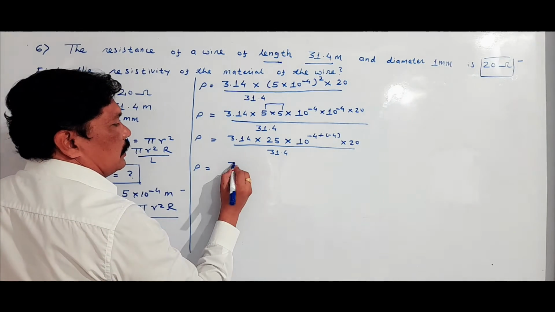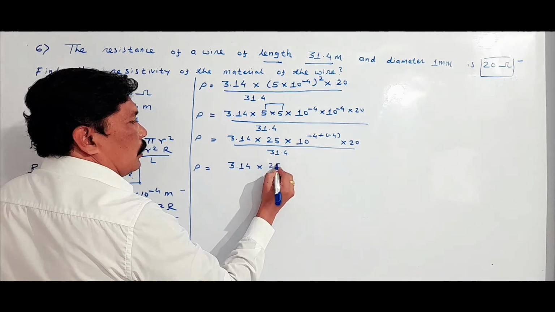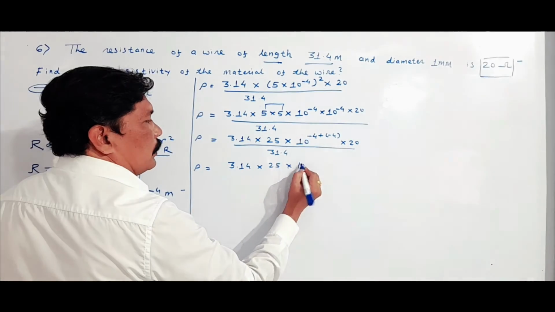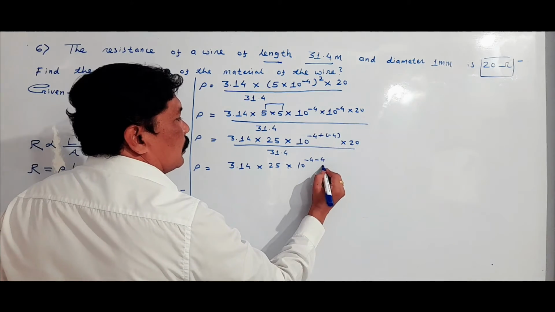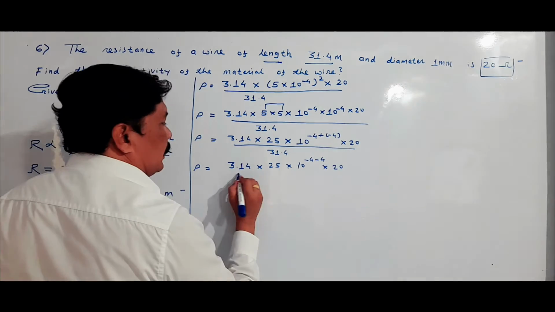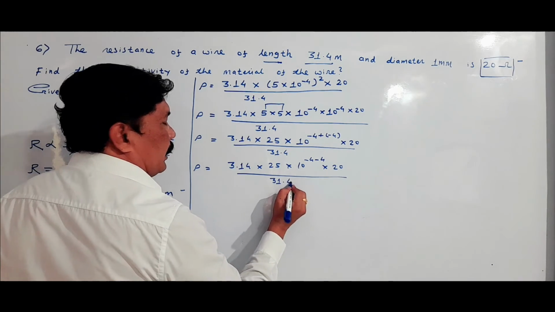Resistivity of a material is equal to 3.14 into 25 into 10 to the power minus 4 plus minus 4 into 20 upon 31.4.